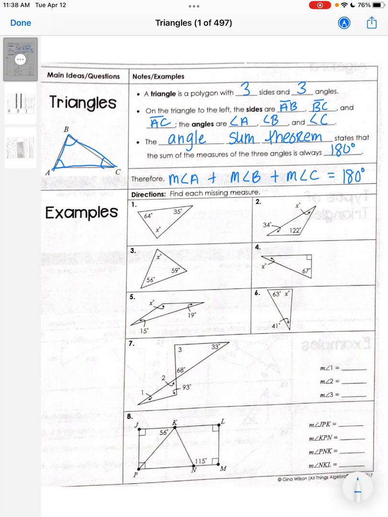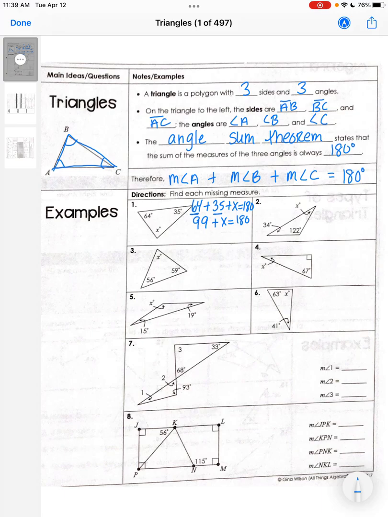So we're going to show that by listing it. 64 degrees plus 35 degrees plus x degrees equals 180. So then we can add 64 and 35 together to give us 99. Bring down your plus x, bring down your 180.